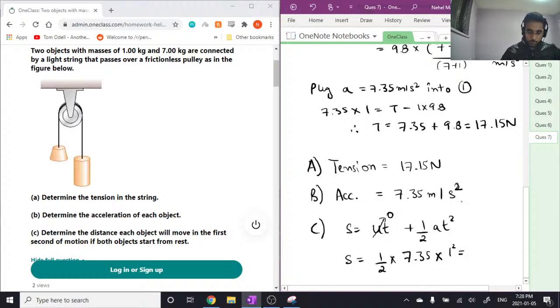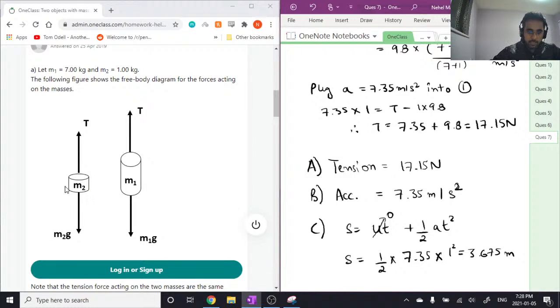We basically get 7.35 divided by 2, which is 3.675. So both masses would move 3.675 meters in the first second.